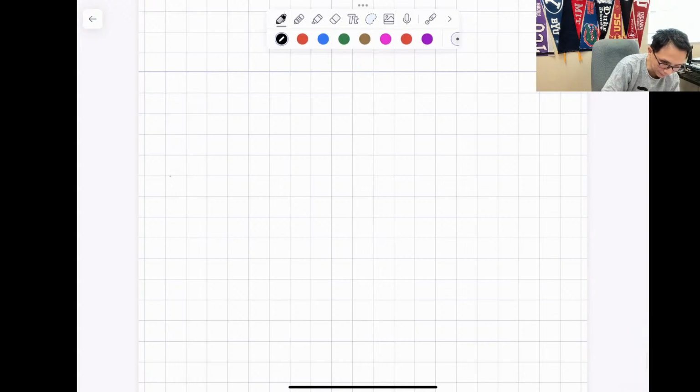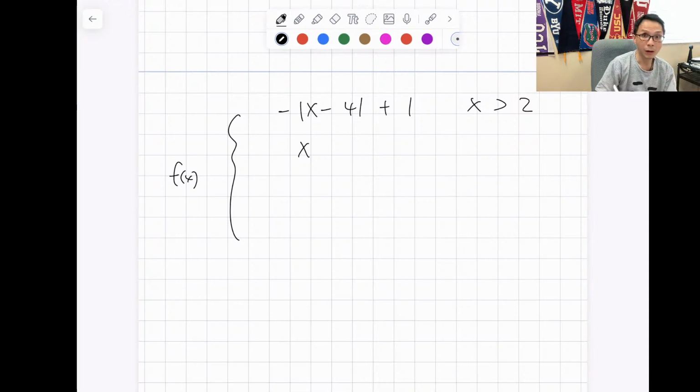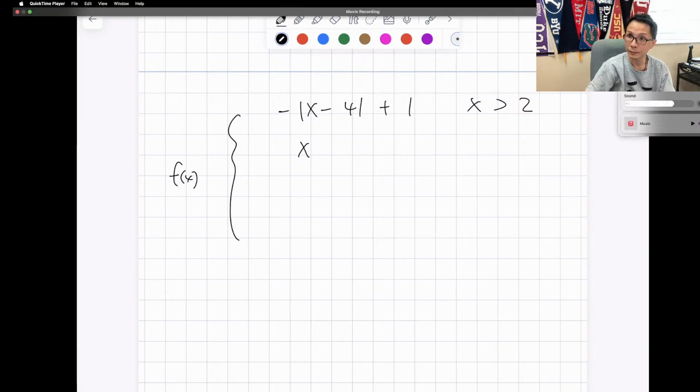We can graph the piecewise function. So now this time I want you to graph restrictions.